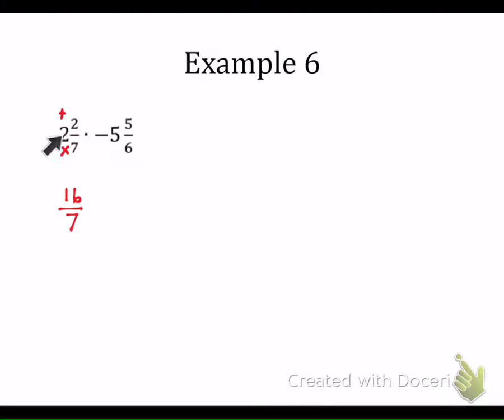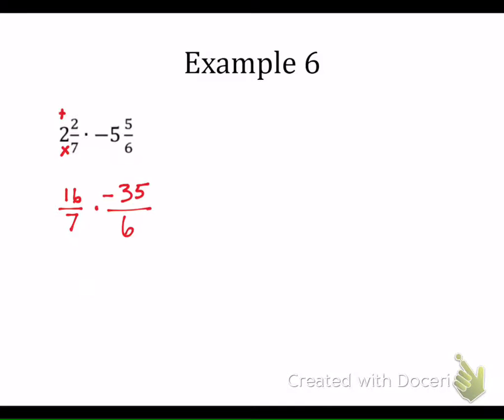So 2 and 2/7 written as an improper fraction is 16/7. Okay, I'm still multiplying. I want to keep the negative. Same thing back here. I want to multiply these, then add this, and that's my new numerator. So 6 times 5, that's 30, plus 5 is 35.